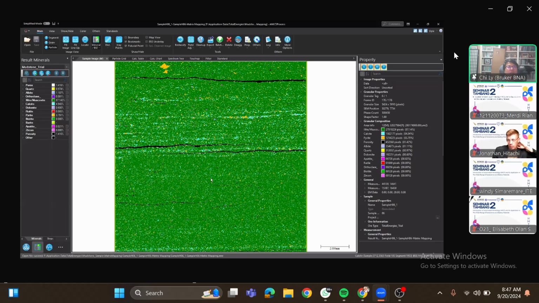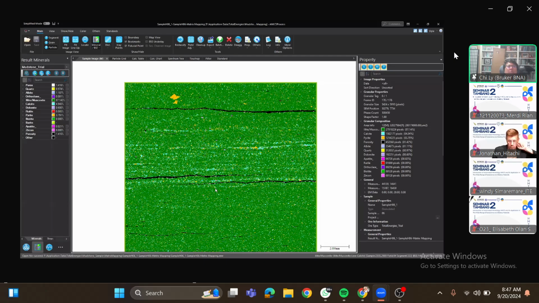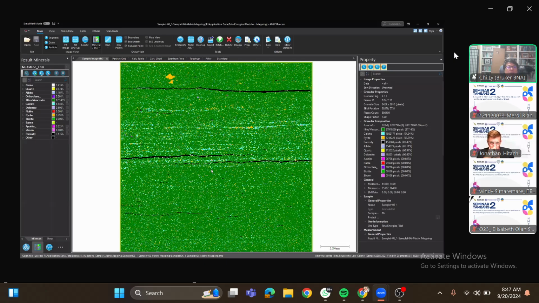And so what I'm showing you here is actually a sample of a core plug taken from a piece of core from a mudstone reservoir. All the green you see there is your illite muscovite. But what you notice is that we can actually start picking up details within this core space where there's actually bands of carbonates running through.